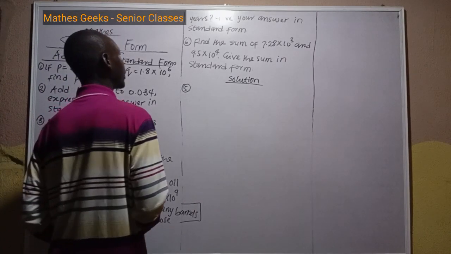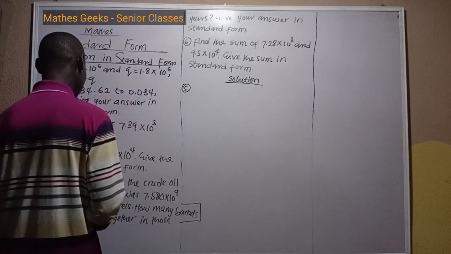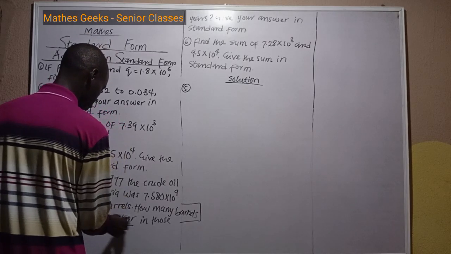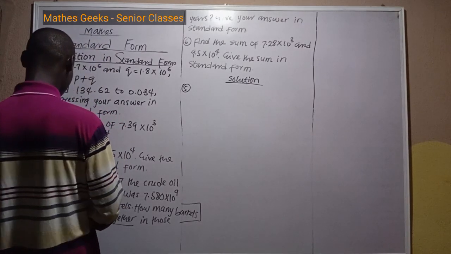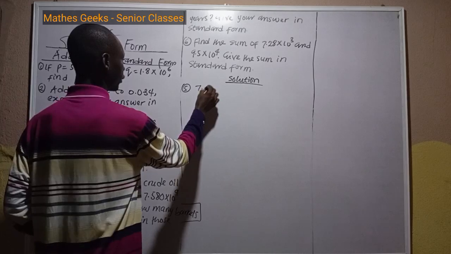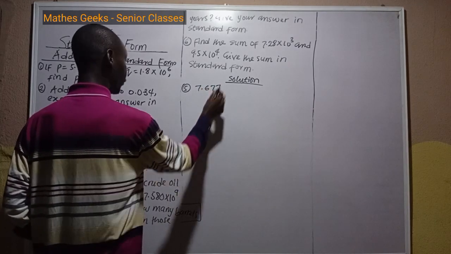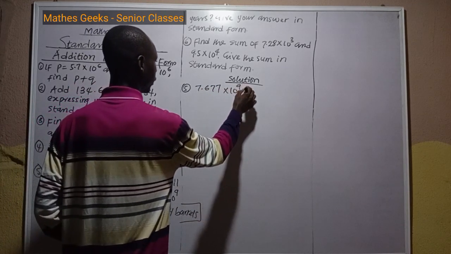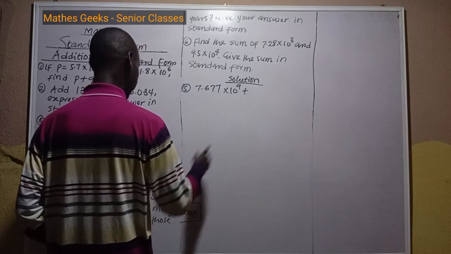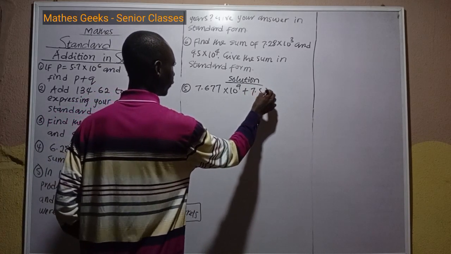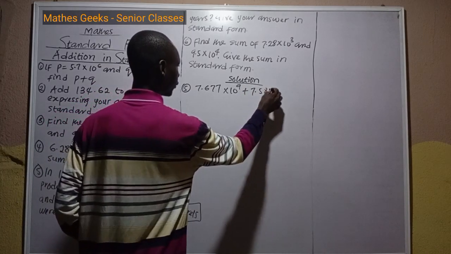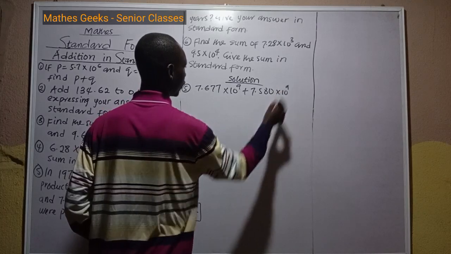Give your answer in standard form. So altogether, the word altogether means addition. So that's just 7.677 times 10 raised to the power 9 plus 7.580 times 10 raised to the power 9.